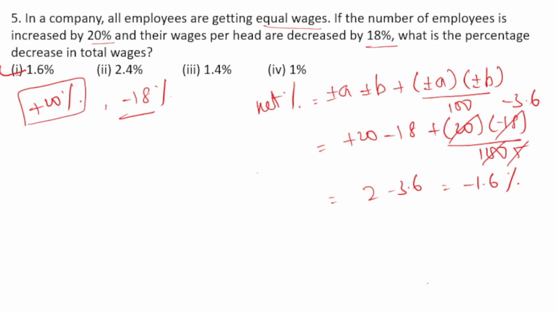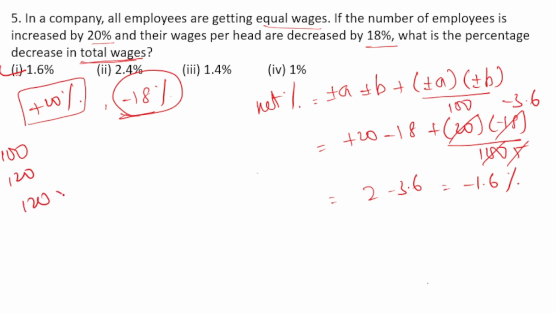Or we can do this in another method also. See here, we will assume the total wages is 100. If the employees is increased by 20%, it is 100 plus 20, 120%. Okay. This will be 120%. And again, the wages are decreased by 18%.